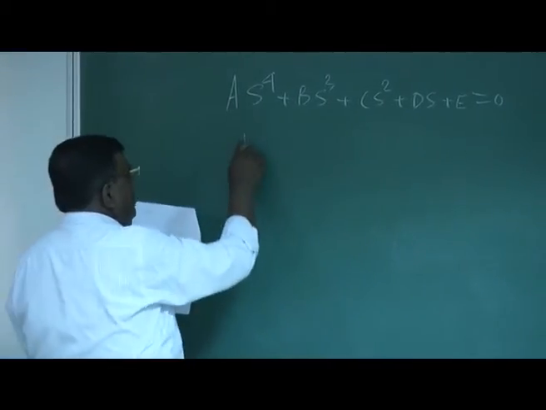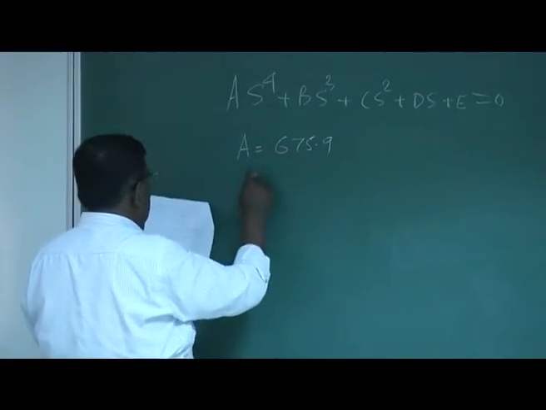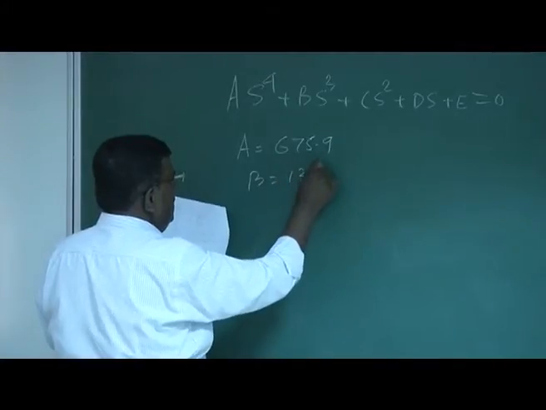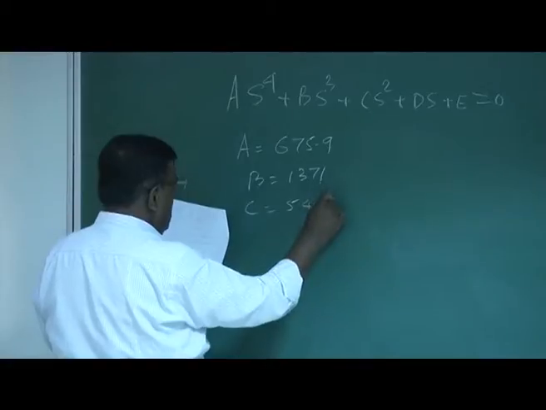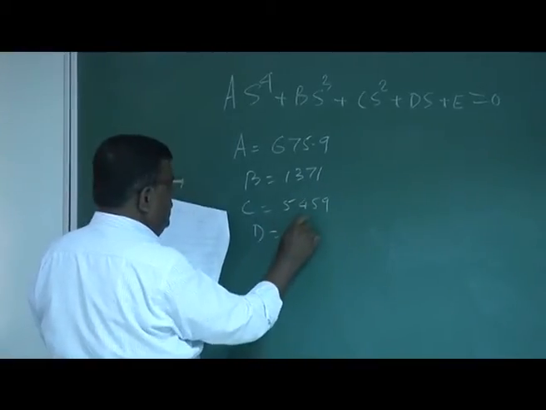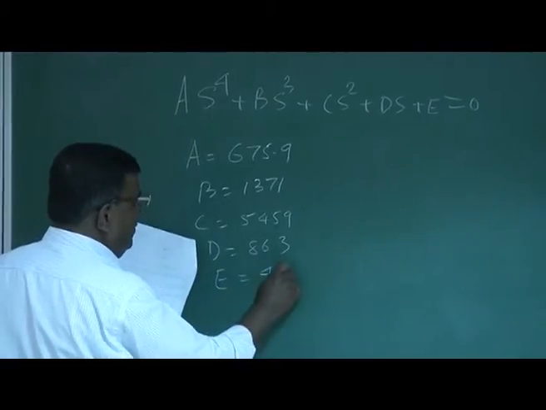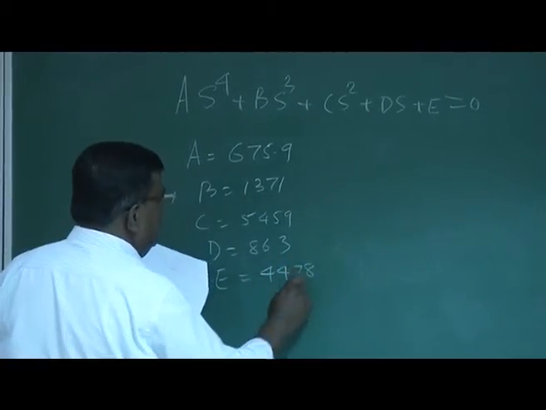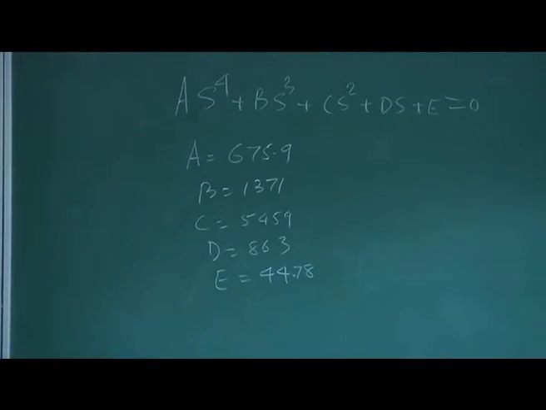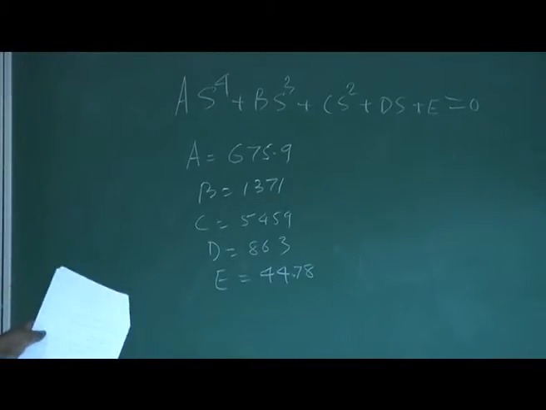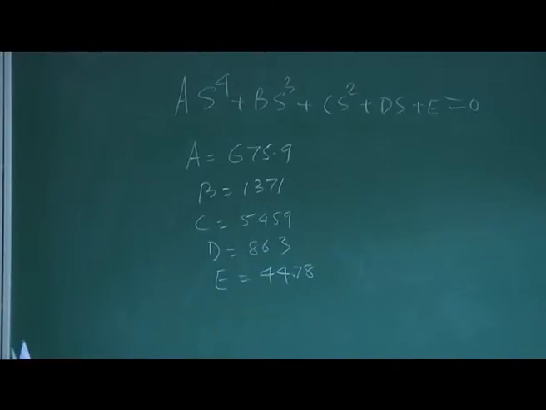Let's see, the value of A is 675.9, B is 1371, C is 5459, D is 86.3, and E is 44.78. And let's say these are all in FPS units. At this point, let's talk about the signs. You could see A, B, C, D all are greater than 0. So one of the conditions, or criteria, for stability is satisfied.